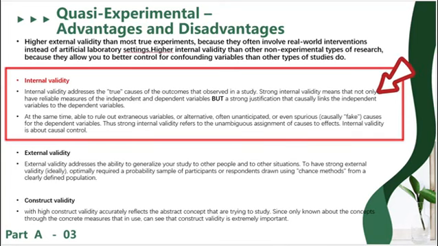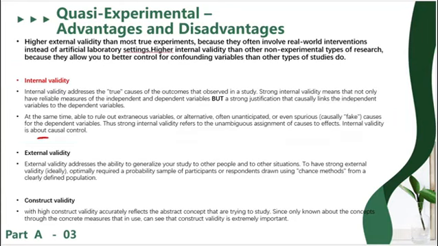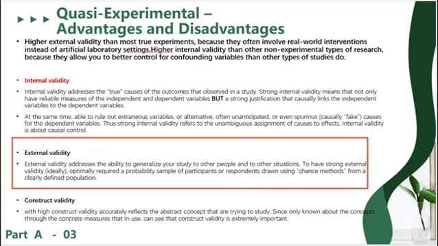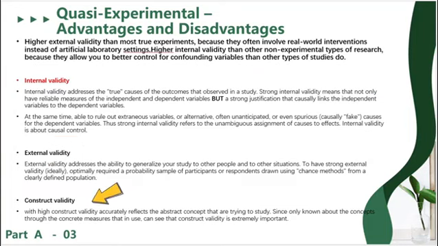Internal validity is about causal control. The other one is the external validity. External validity addresses the ability to generalize our study to other people and to other situations. The next one is the construct validity, and the construct validity accurately reflects the abstract concepts that we are trying to study.